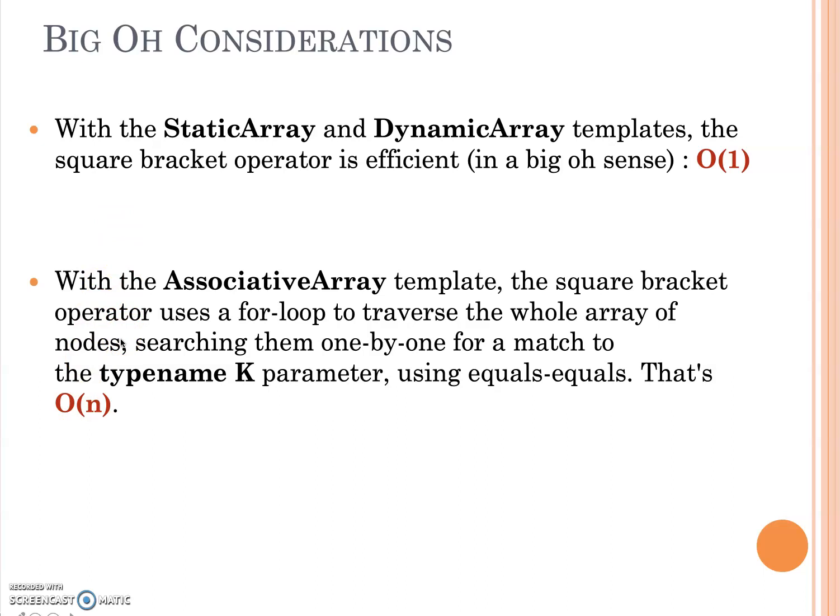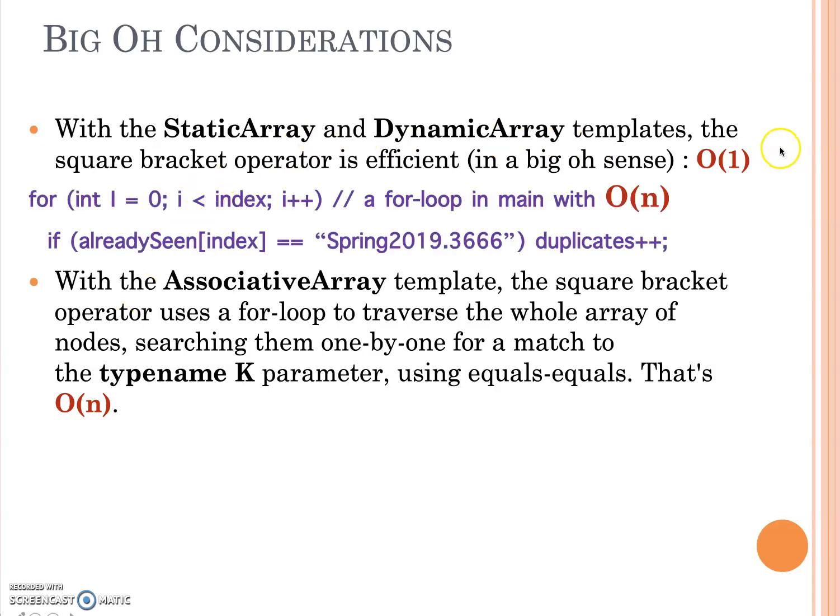But your assignment 5 and assignment 10 runtimes are actually quite similar. The reason is that even though your runtime is 1 in the square bracket getter and setter, every time we try to find the match value in the array, we have to go over a for loop. So in your header file, your square bracket runtime is 1, but in your main function, your runtime is big O(n).